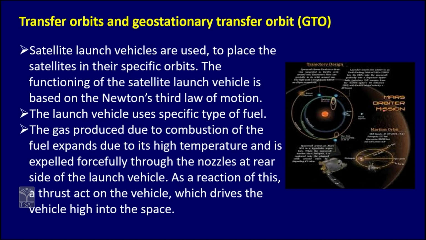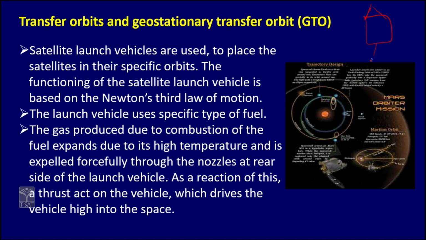Now let's move on to another one, that is, why do we have different stages of satellites. As a reaction of this, a thrust acts on the vehicle. We all know this from all the classes we have learned, every time we talk about the rocket.